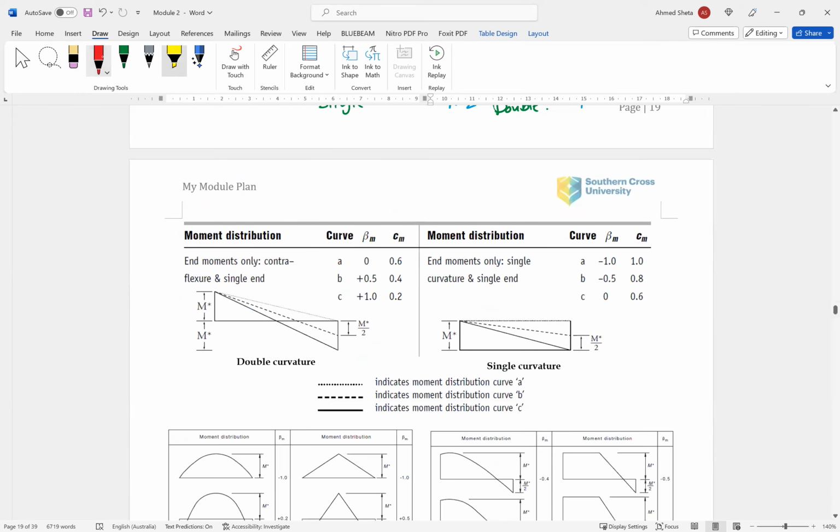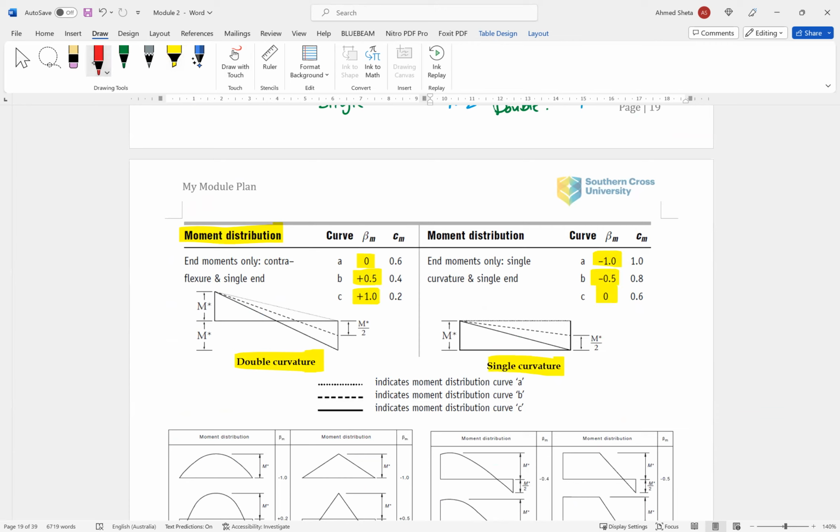And these are examples of what we have been saying here. So this is the moment distribution. If you have some cases, this is double curvature. So as you can see, beta M is always positive here. Here is a single curvature, so beta M is negative.